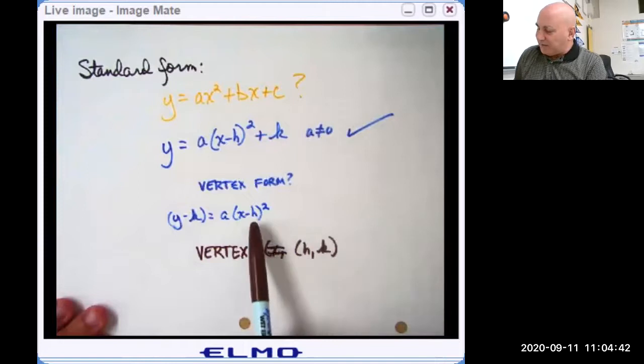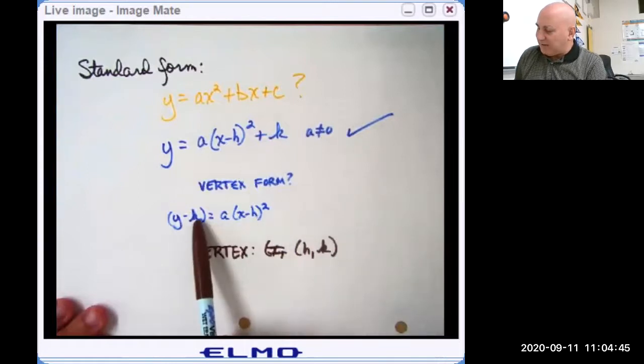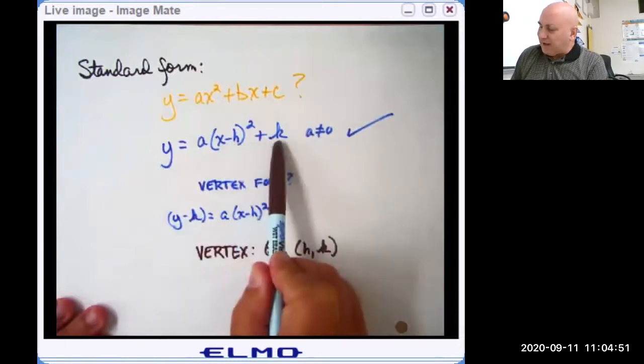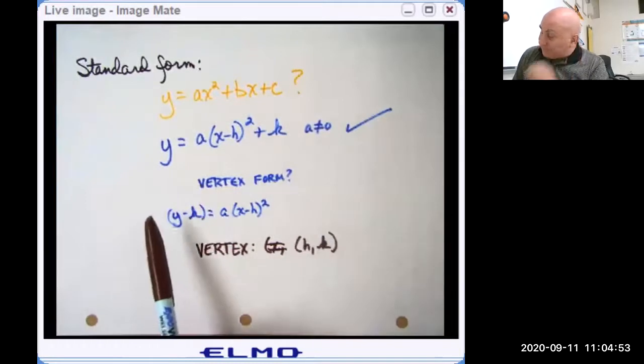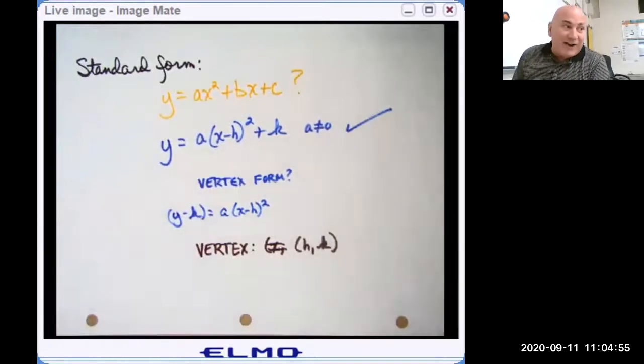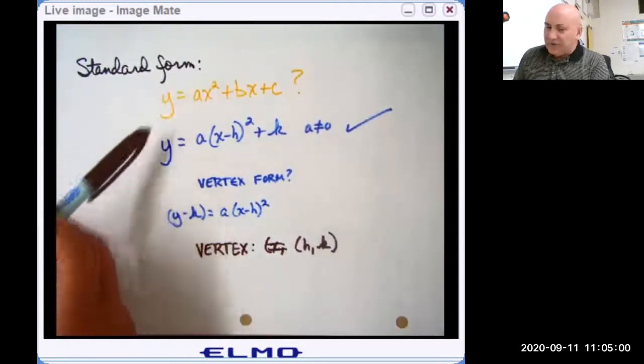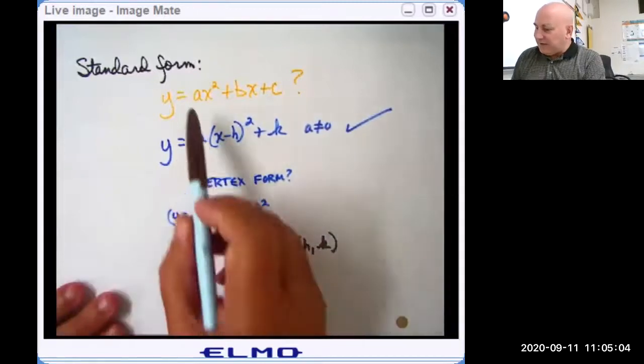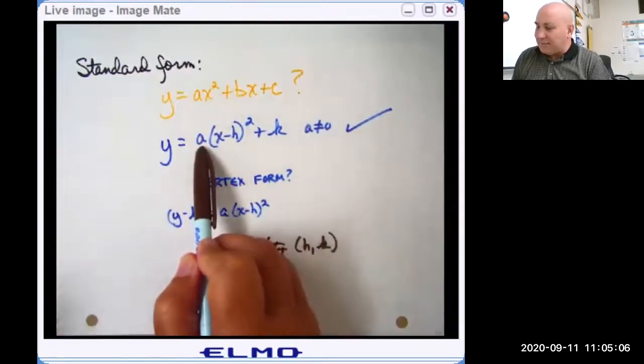But if your vertex is a coordinate h, k, then you can bring this y minus k over to the other side. So h, k is the vertex. So as I said, some books will call this factored form. But both of these forms give us different information about the parabola. But this a and this a are the same a.